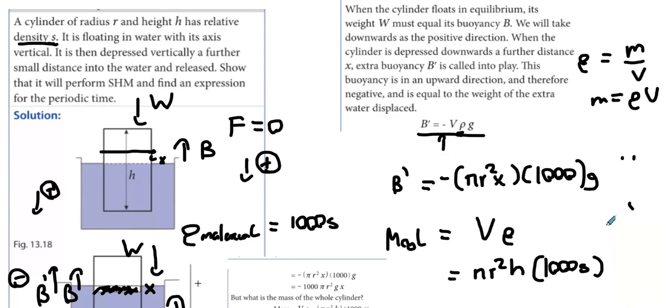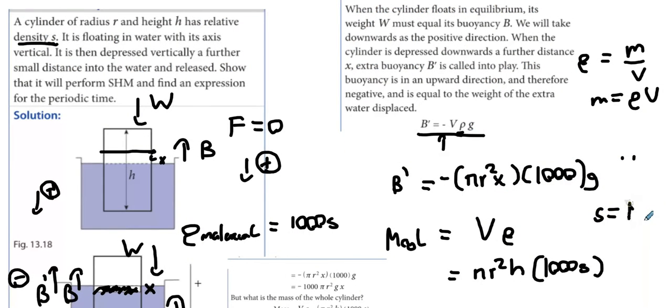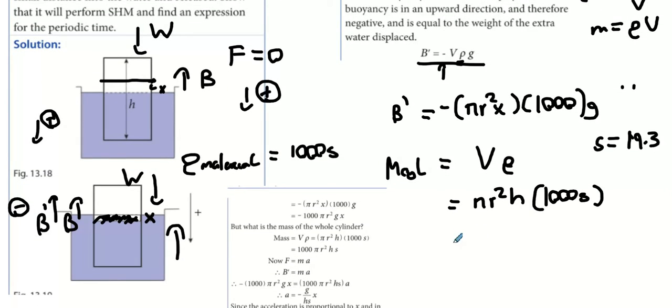If the material was gold, s would be 19.3, and this would be 19,300. But we don't know that. So what we're finding out now is the mass of the entire cylinder, and the mass of the entire cylinder will now be 1,000 pi r squared hs.